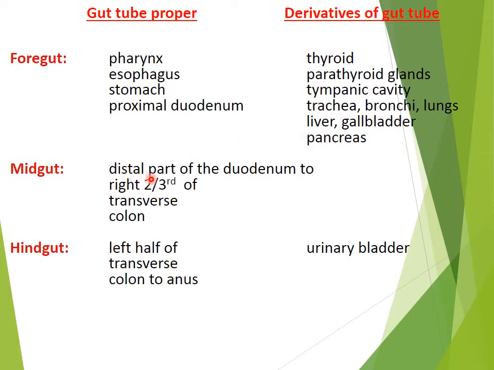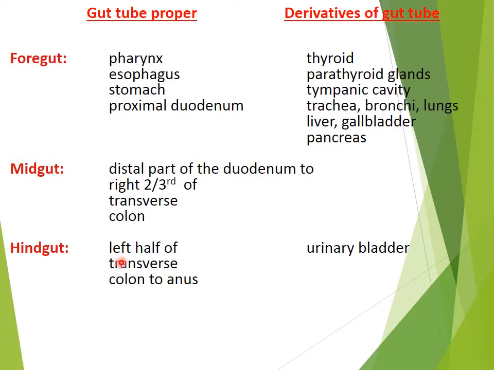Now the distal part of the duodenum, from distal to the opening of the bile duct to the junction of the right 2/3 and the left 1/3 of the transverse colon, is the part of midgut. So all the structures in between, the duodenum, the jejunum, ileum, and ascending colon till the right 2/3 of the transverse colon, are the derivatives of the midgut.